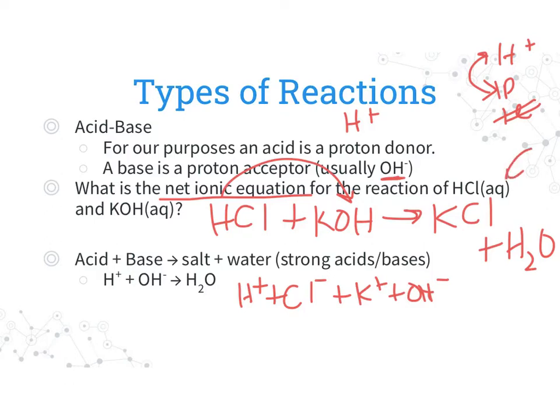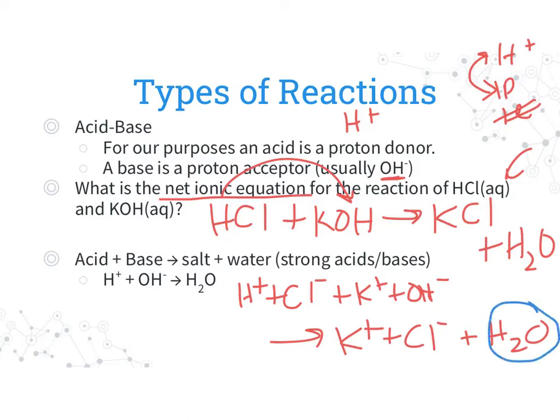Remember, because they say aqueous here. And then they're going to make K plus and Cl minus, which is a soluble salt, but the water stays together. So the key is, in precipitation, the solid stays together, but in acid-base reactions, water stays together. If we cancel out all those spectators, we just end up with this basic net ionic equation.